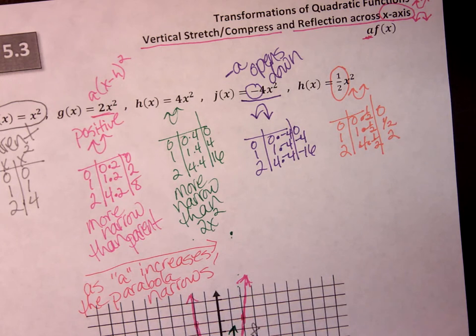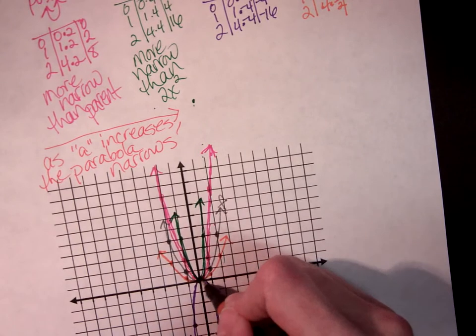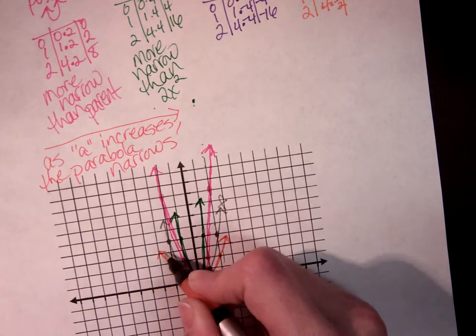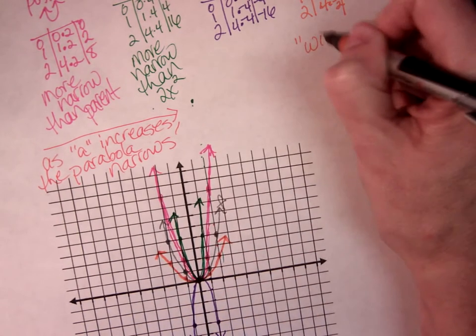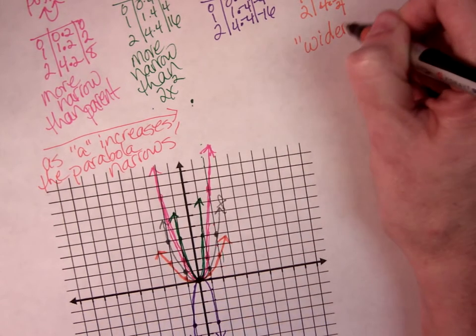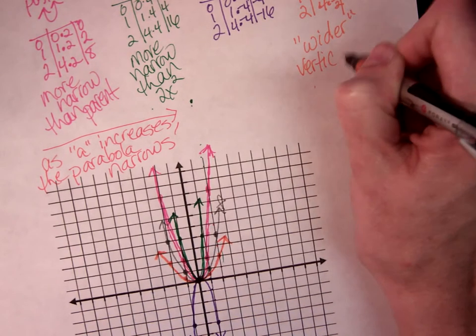Okay. So when we draw this one, it's much wider than our other ones. Okay? This is what we call a vertical compression.